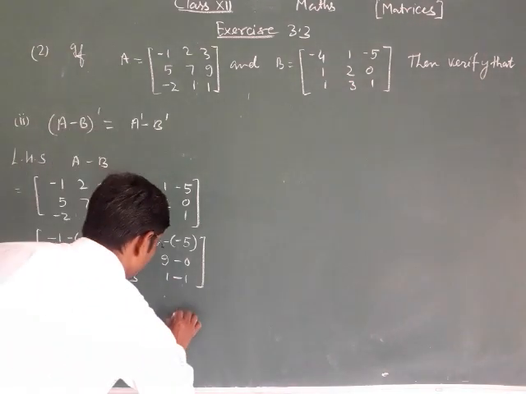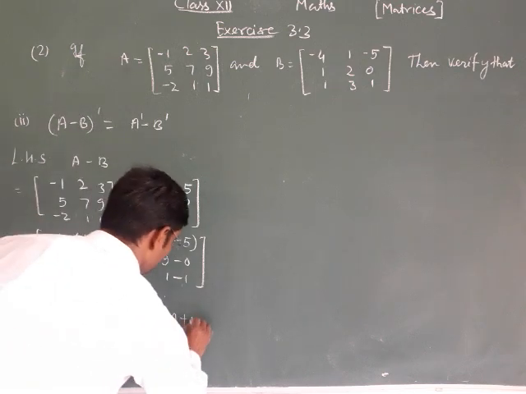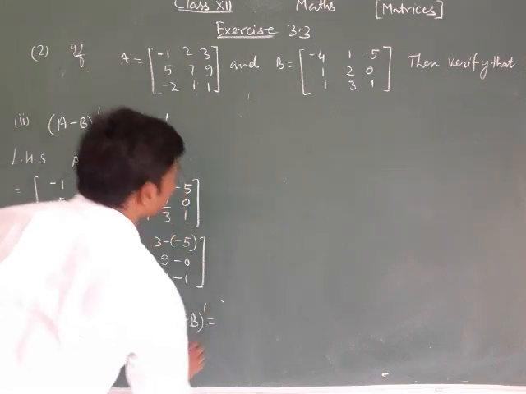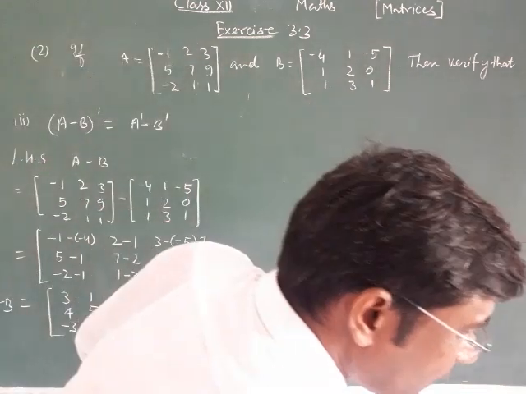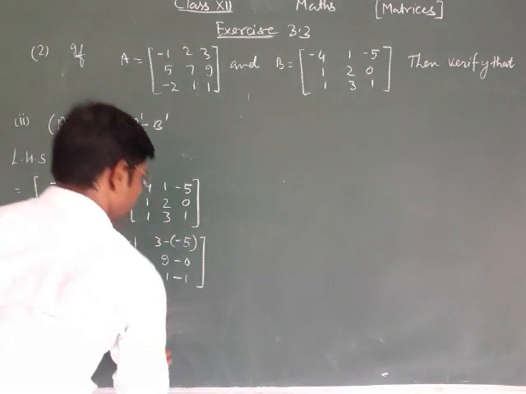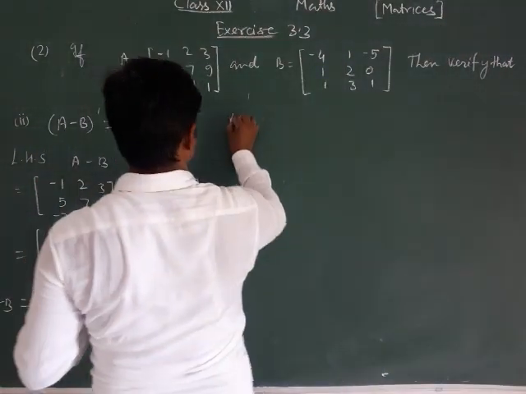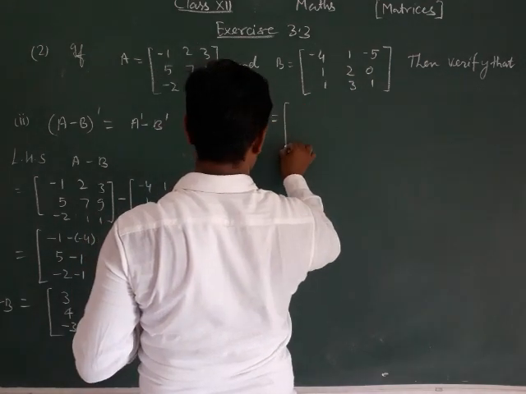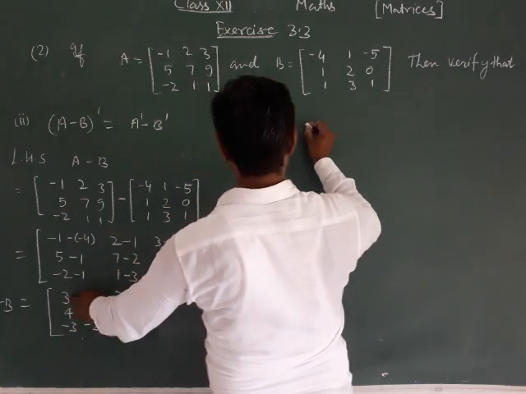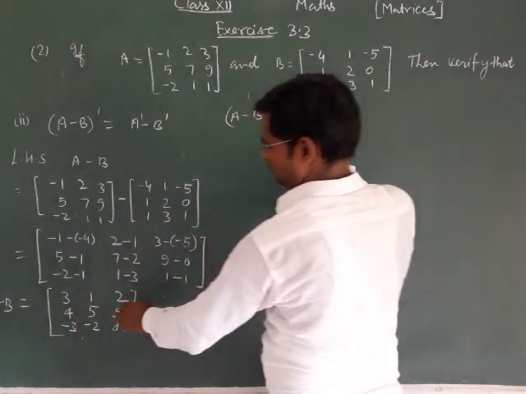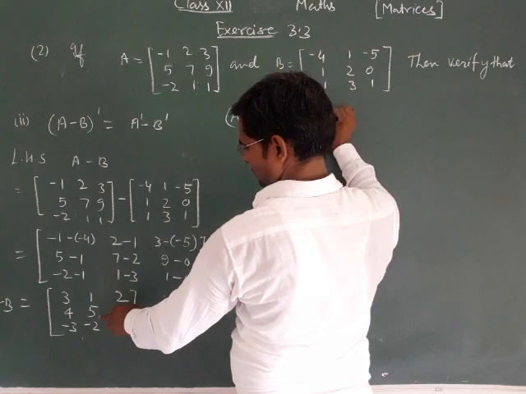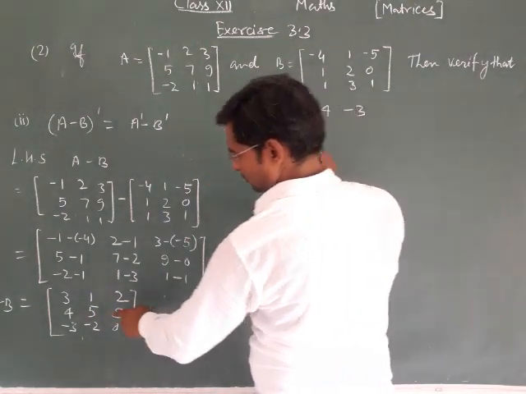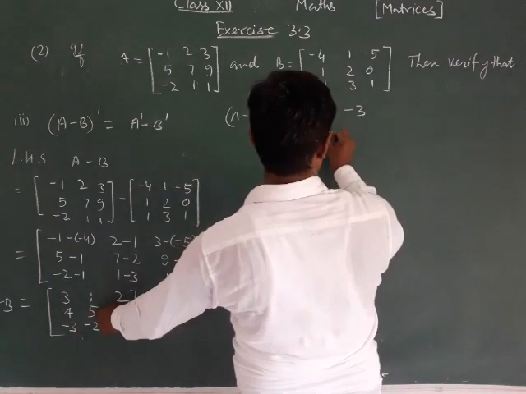So the transpose of A minus B. Transpose of A minus B is equal to A minus B transpose, is equal to, so 3, now change row to column, so 4, minus 3 and 1 2, 1 2 and 5.